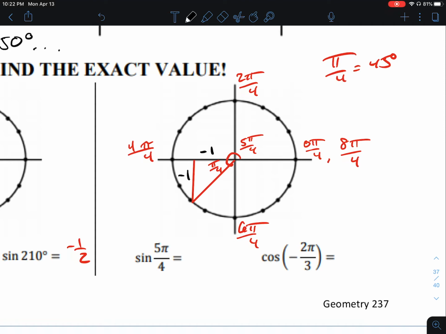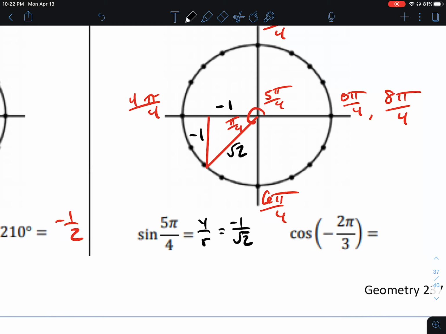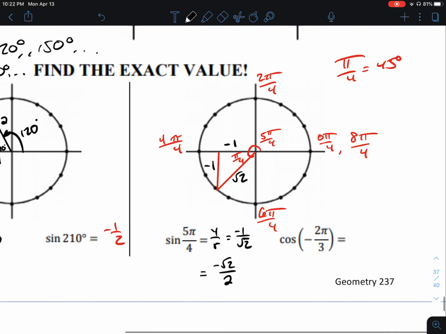In quadrant 3, they're both negative, so I'm calling those negative 1s. And the hypotenuse is that times the square root of 2. The radius is always positive, so it is square root of 2. Sine of 5 pi over 4 is y over r. That's negative 1 over the square root of 2. Be nice if this was rationalized. If you rationalize it, you're going to get negative square root of 2 over 2.